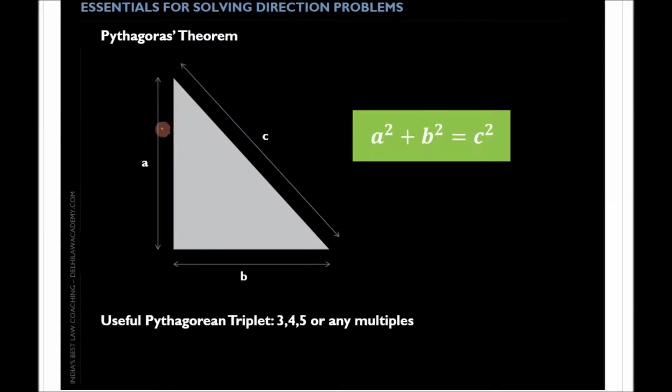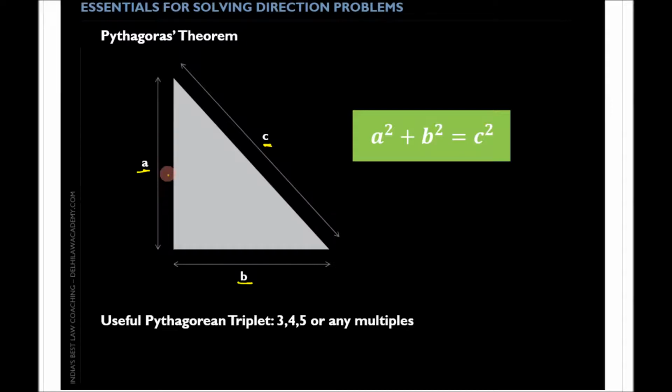What the theorem states is that in a right angled triangle, if one of the sides is A, the other side is B, this is the length of the side, guys, and the third side, the longest side, has length C, then A square plus B square is equal to C square.